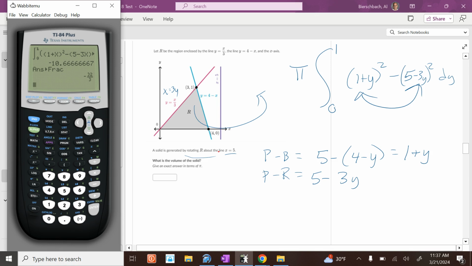So then it'd just be positive of that. I'm betting, but I better do it just in case. It's further minus closer. So it'd be 5 minus 3y squared. And then minus, Mr. Bierschbach, not a negative sign, minus. And then 1 plus y.